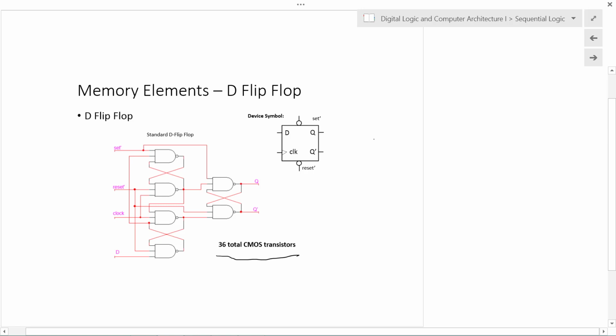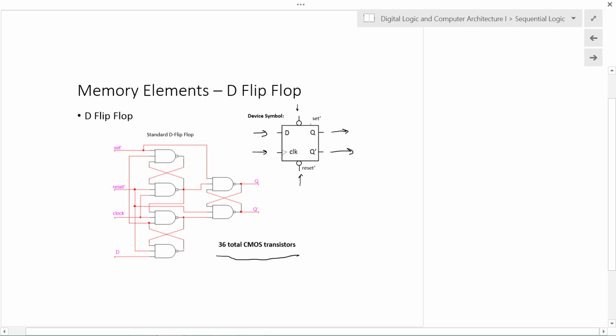Our device symbol for our D flip-flop, look closely. We have our inputs D, our clock input here, our output Q, our output Q prime, which is always the inverse of Q, or should be. We have an asynchronous set, which is not timed to the clock, and an asynchronous reset, that is not timed to the clock.